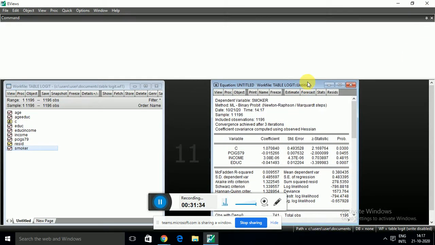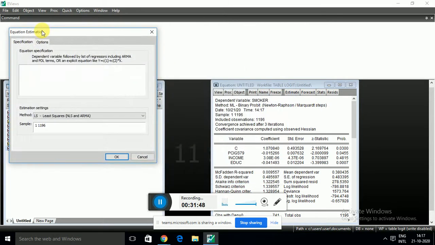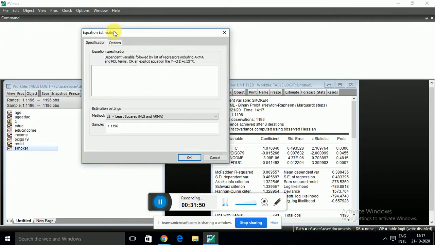The difference between the Logit and Probit model is the function that we are taking, but in terms of interpretation, both are the same. Now let's try to do the Probit model, and you will see that more or less this is going to be similar.